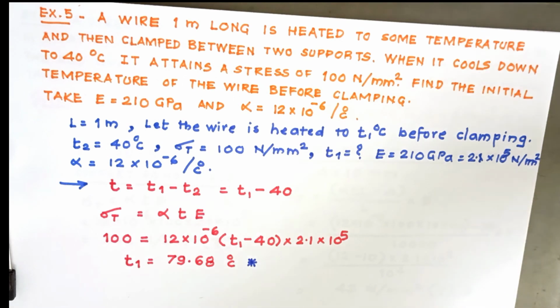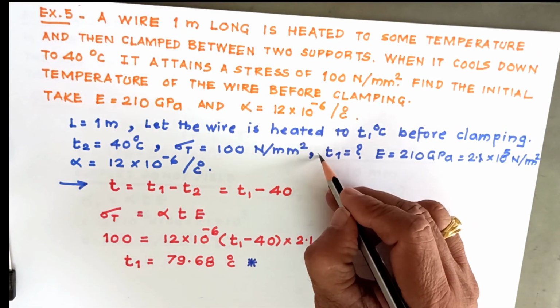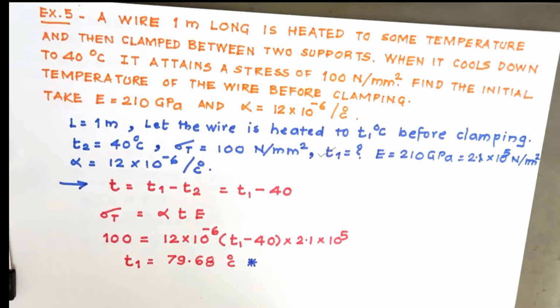So in this manner, we have calculated the value of T1 and the example is complete. Such type of example will be asked in the examination for 4 marks. Okay?